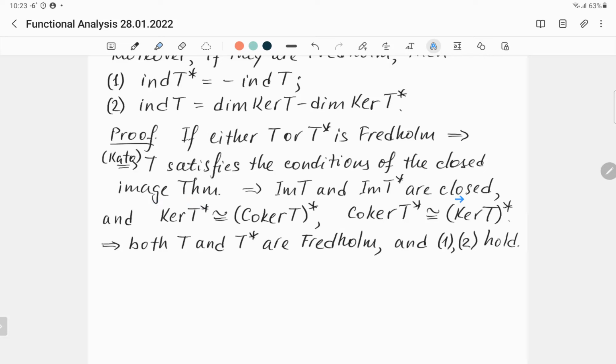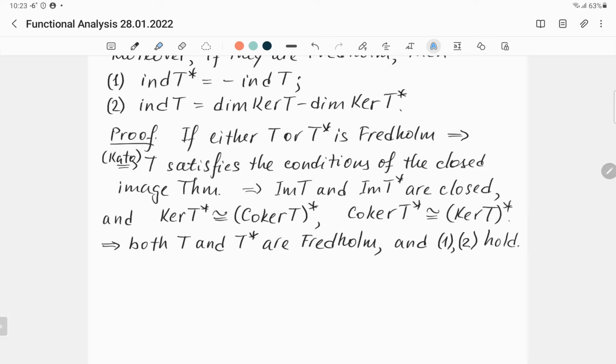And if we look, for example, at the kernel of T, we see that the dual of the kernel is finite dimensional. But it's very easy to see that if the dual of a normed space is finite dimensional, then the space itself is also finite dimensional. So we see that the kernel of T is finite dimensional, and the same argument shows that the co-kernel of T is finite dimensional. So T is Fredholm.